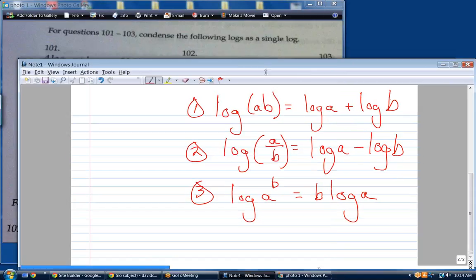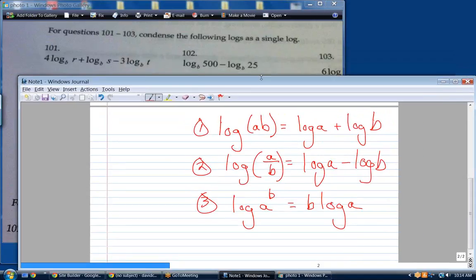Let's look at 101. 4 log b to the r, and here they want us to condense it, which means it's already expanded. We're going to look for it on the right side of these equations, and we want to switch it back to the form of the left side of the equations. So what can I do with this 4 based on rule number 3?